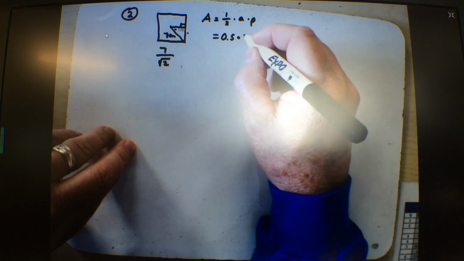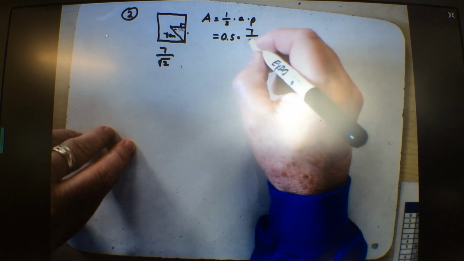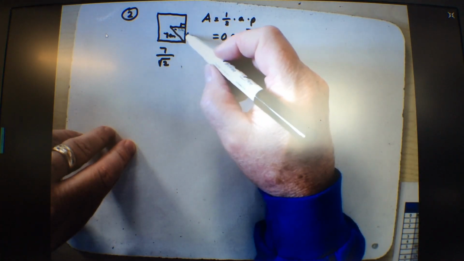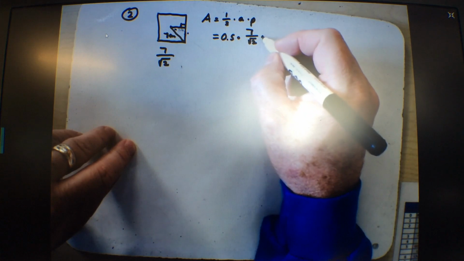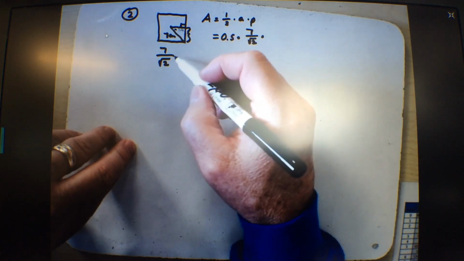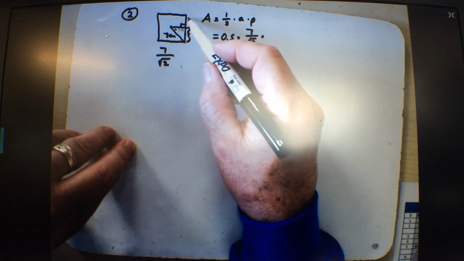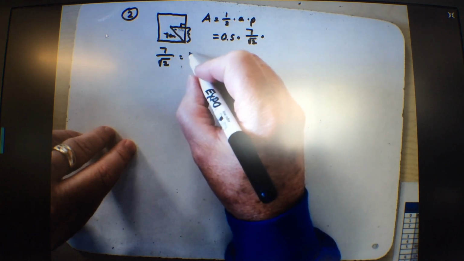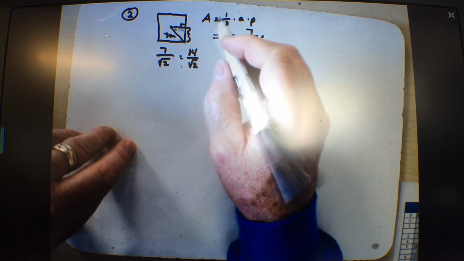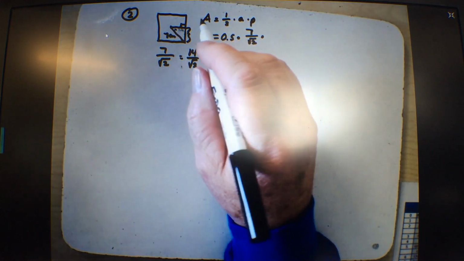No, the apothem is 7 over the square root of 2, right? Because both these sides are 7 over the square root of 2. Now, here's the kicker. From here to here is 7 over the square root of 2, and then I'm going to double it. So that becomes 14 over the square root of 2. That means, guys, that one side is 14 over the square root of 2.